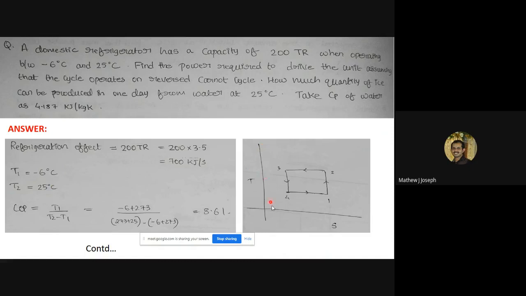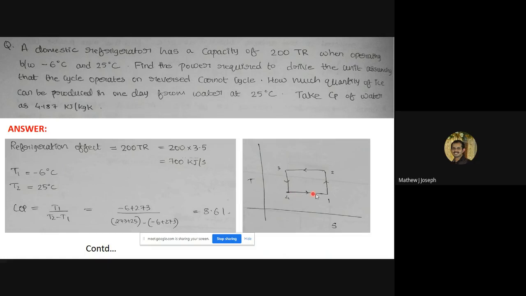Last class we discussed how to represent a Carnot refrigerator on a TS diagram, temperature versus entropy diagram. The cyclic representation of a Carnot refrigeration cycle is 4, 1, 2, 3, 4.